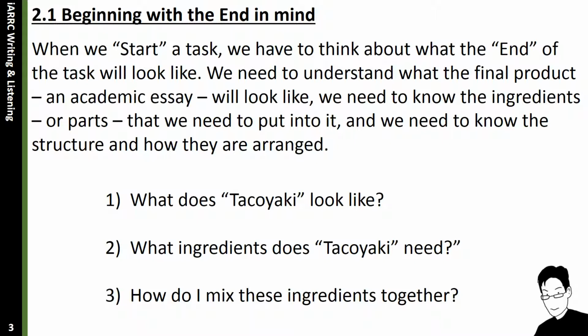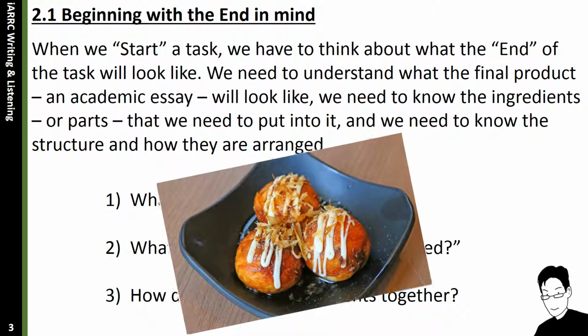It's covered with negi or cheese or some spring onions or sauce or tenkatsu, those kind of things. And how do we mix these ingredients together? Well, we'll follow a recipe. And if we do all of these things, we get takoyaki. It is much easier to complete a task if we know what the end of the task or the desired output will look like.